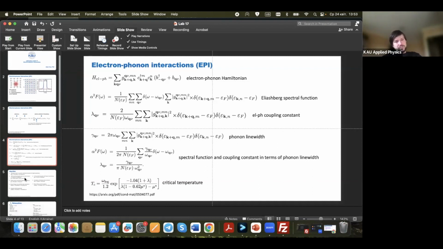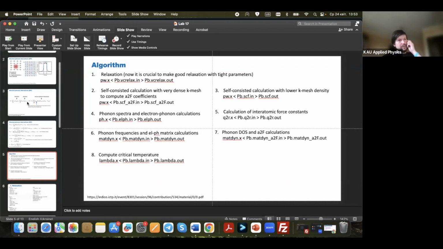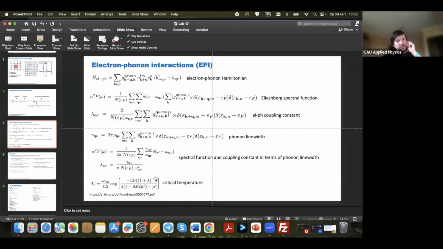That's why, as I told, they are coupled in such a way. We need these line widths to calculate the phonon spectral function, by integrating this spectral function.